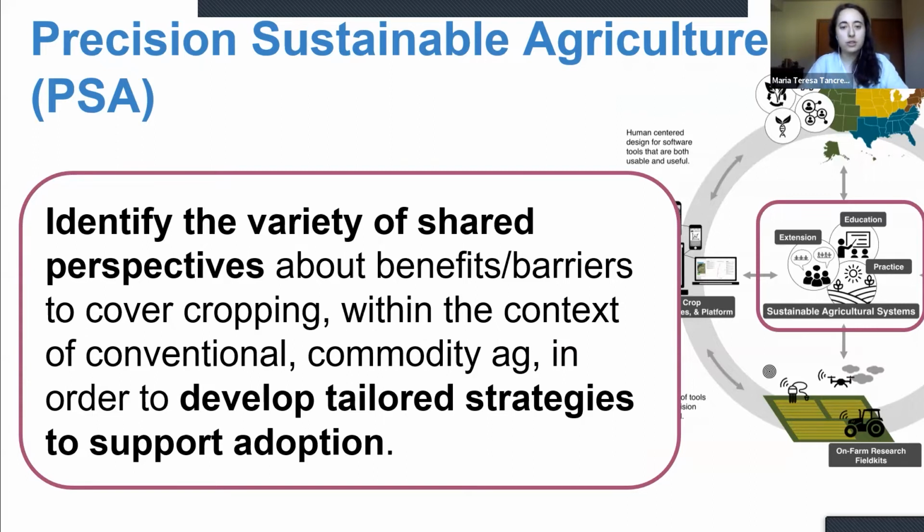So these are a lot of words, but basically we're trying to understand farmers' opinions on cover crops and help our extension team to use those results to come up with specific strategies for different kinds of viewpoints and groups of farmers trying to adopt cover crops.